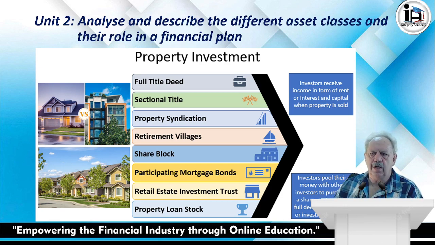Then you get retirement villages, and some of these retirement villages are on a scheme where you never really become the owner, but you can stay there, and when you pass away, then that property goes back to the retirement estate. And then they pay you back, let's say, the value plus some interest or growth on that.